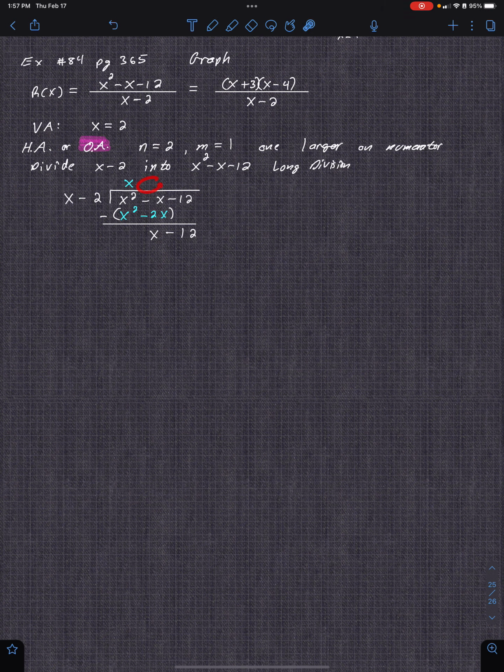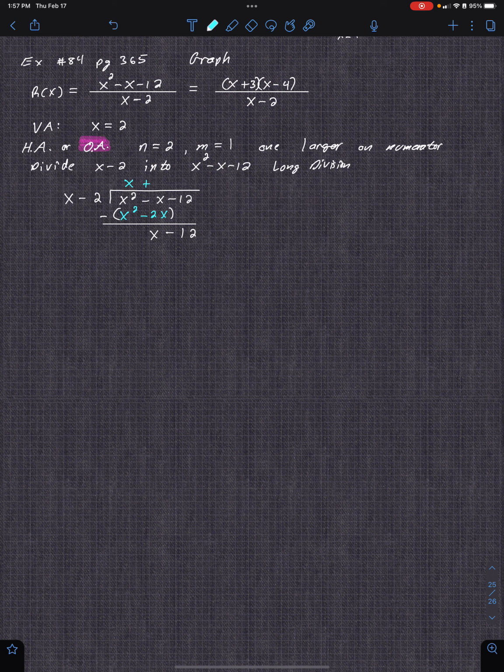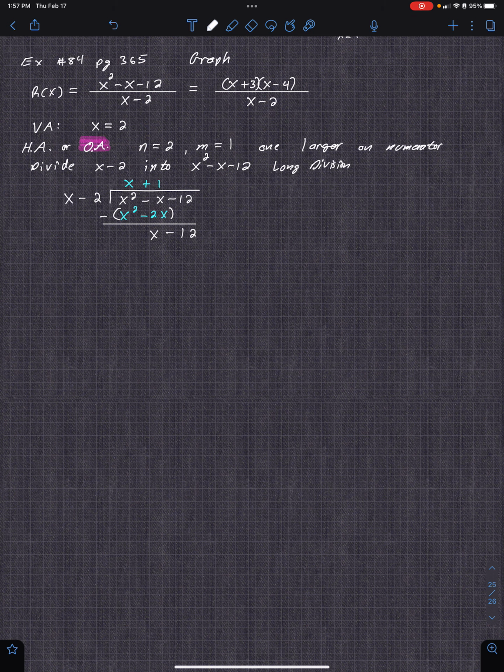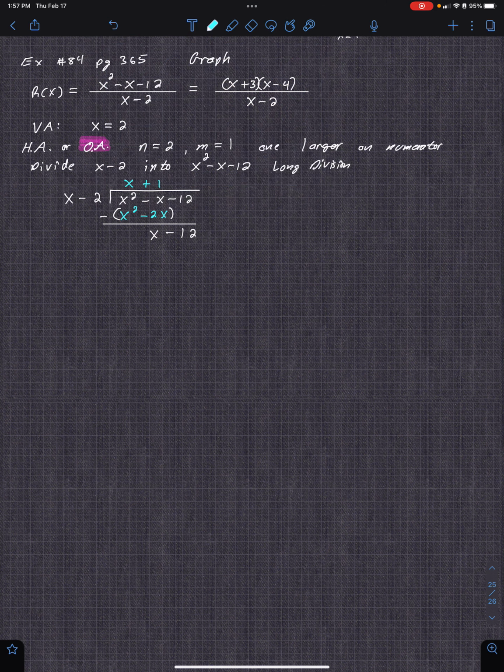And then what times x is x, which of course is just plus 1. So you get plus 1, and then you multiply and add. So you get just x minus 2, and then we subtract. And when you subtract, you get negative 10. So this is your remainder, little r of x.